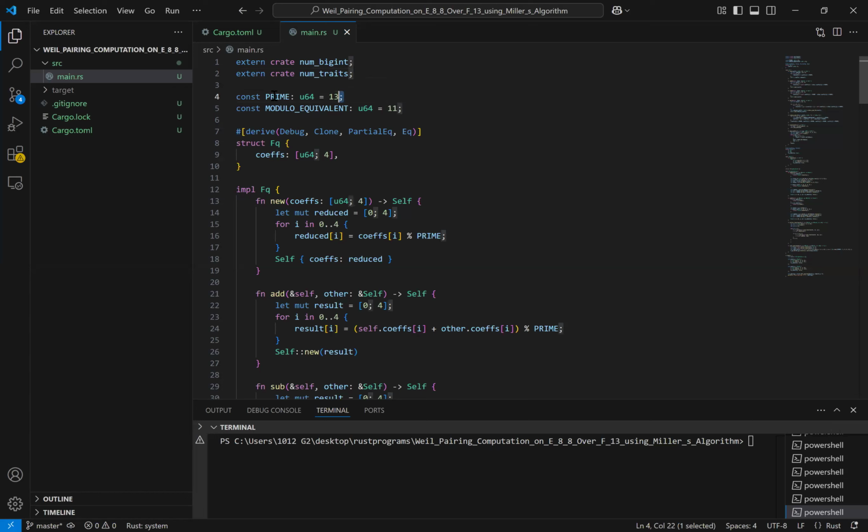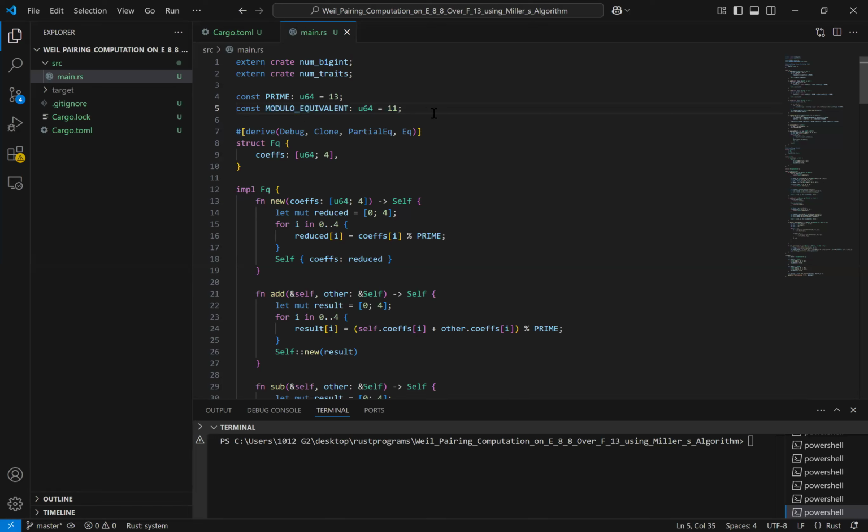I've defined my prime number here as 13. And I've also said that wherever the power goes beyond 4, I would replace it by the modulo equivalent of 11.